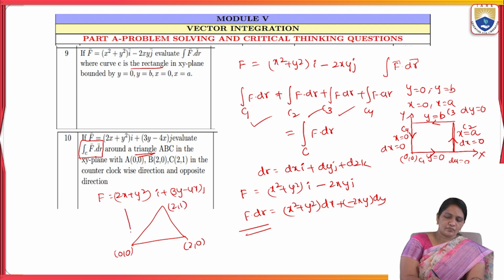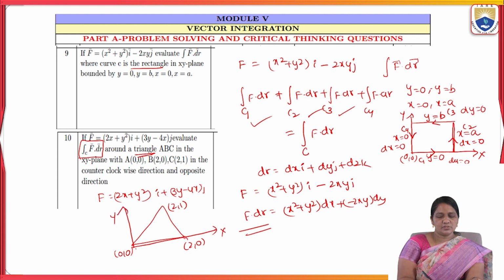Here we can take this in the xy plane. This is 0 comma 0, this is the x axis and this is the y axis. 2 comma 0 is on the xy plane, and here 2 comma 1 is also in the xy plane.